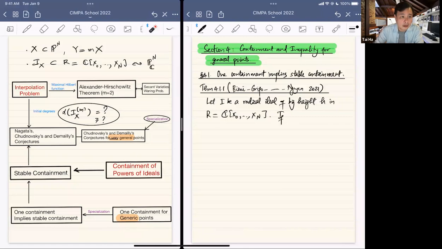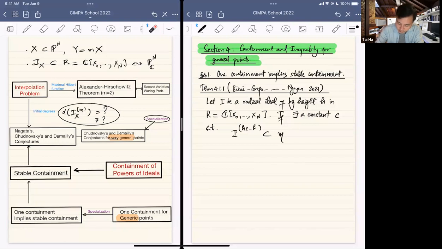If there exists a constant C, just one value, such that we have the containment I^(HC - H) is contained in m^(R·H - 1) I^C.